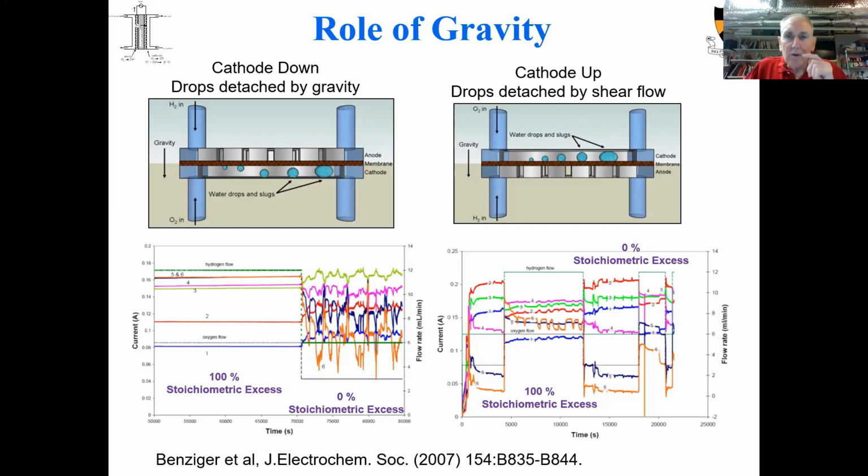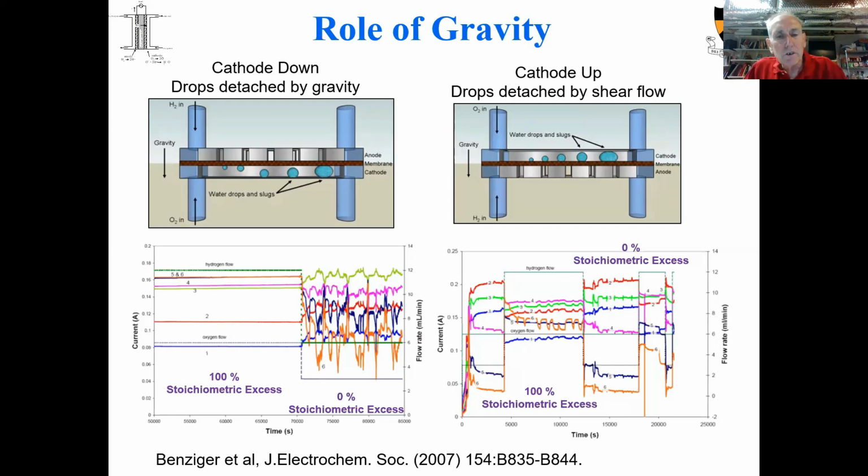When we did that experiment, if we put the cathode down, anode up, with 100% excess stoichiometry in our feed, the fuel cell ran smoothly, with no fluctuations or anything.